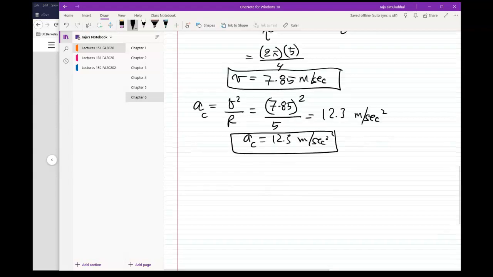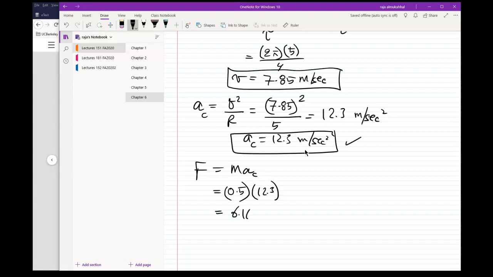And finally, he wants the force. Well, it's just m a sub c. I can use that. The mass is given to me. The mass of the plane is 0.5 kilogram, and a is 12.3. Answer 6.16 Newtons.